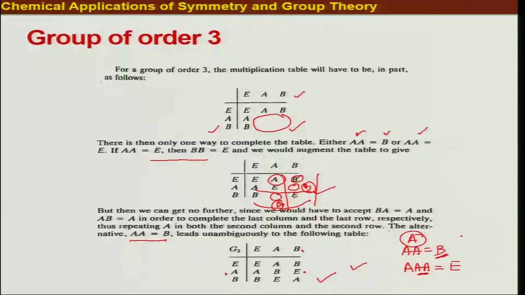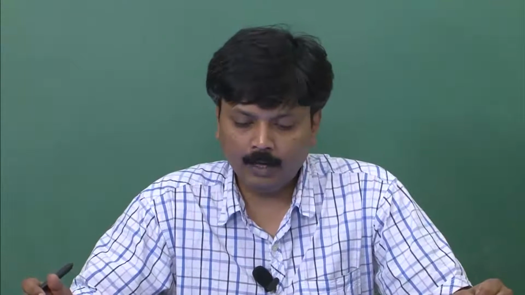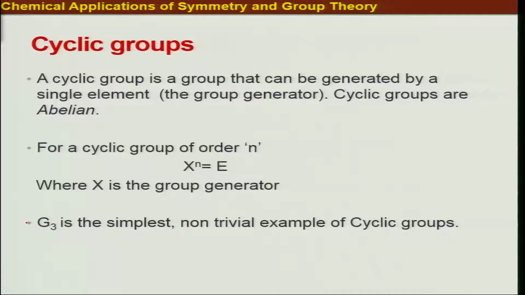So essentially what we have is A square and A cube, where A cube is nothing but the identity. So this group G3 can be generated by a single element, which is A here, right? So A square and A cube equals E.